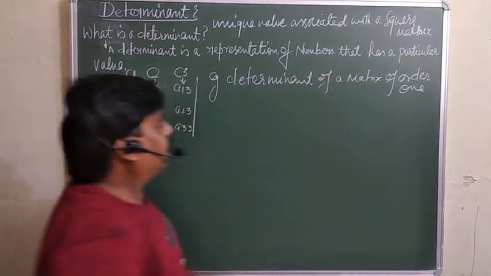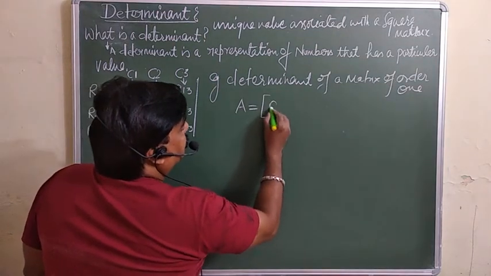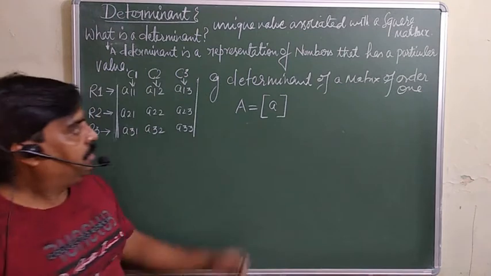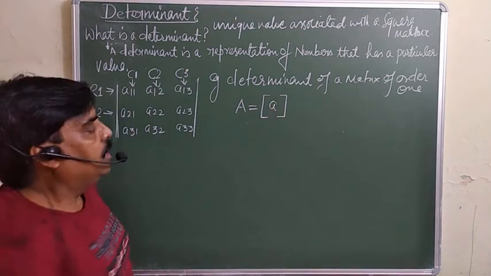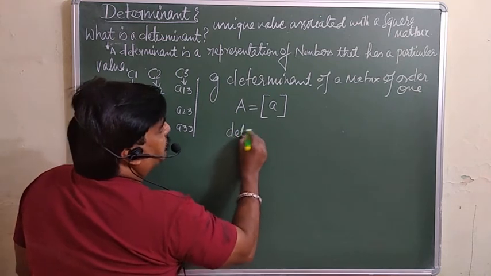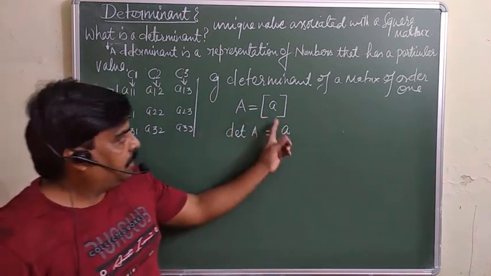This is your matrix, and its element is A. Order 1 means it has one row and one column only.